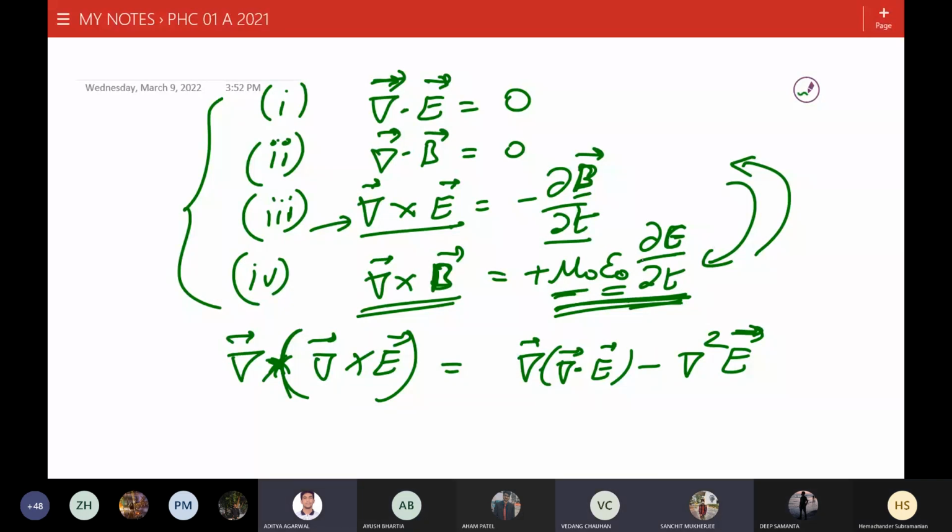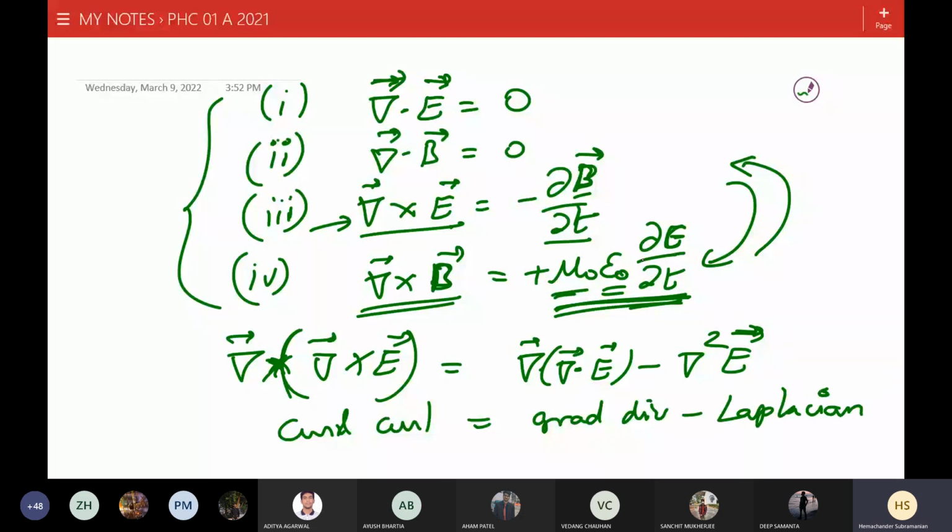Yes, sir. So curl curl equals grad div minus del square. That is the Laplacian. This is the rule.